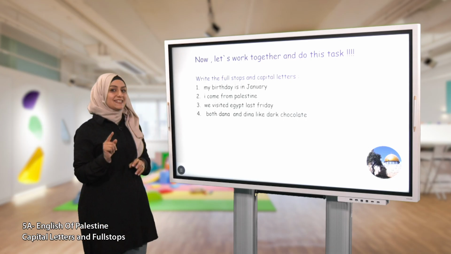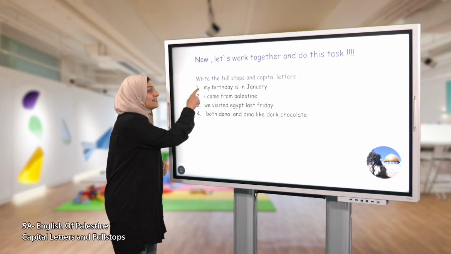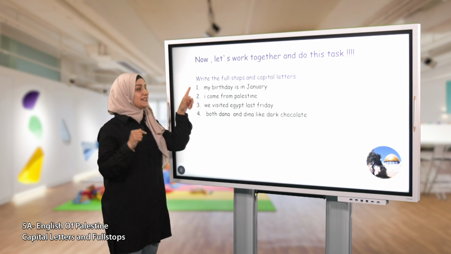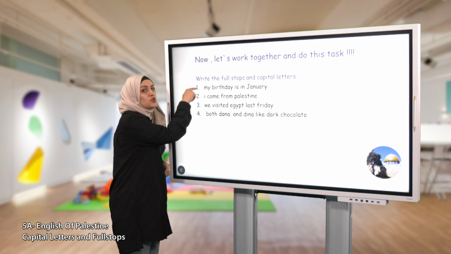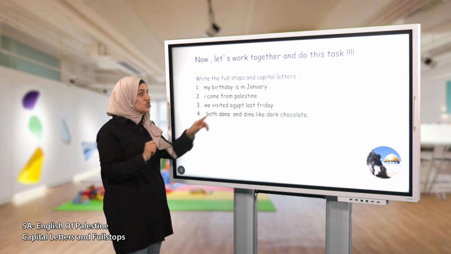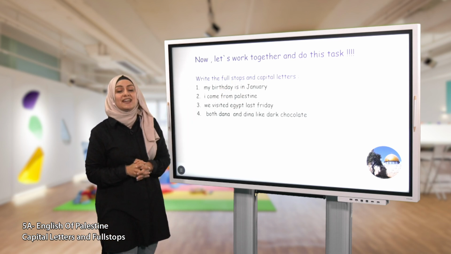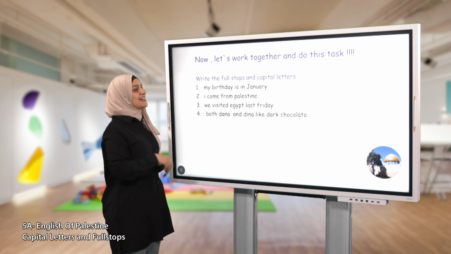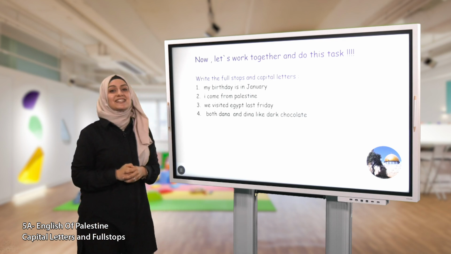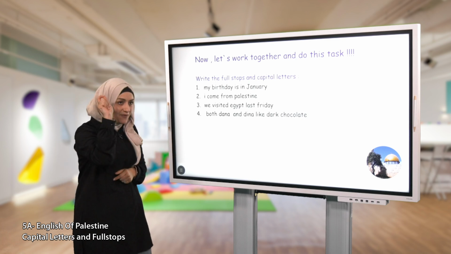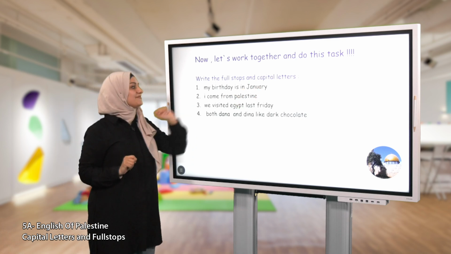Notice that we should start with a capital letter because it's the first word in the sentence. So the M should be capitalized. January also here is a capital letter because it's the name of a month. And at the end of this sentence, what should we put? We should put a full stop here.